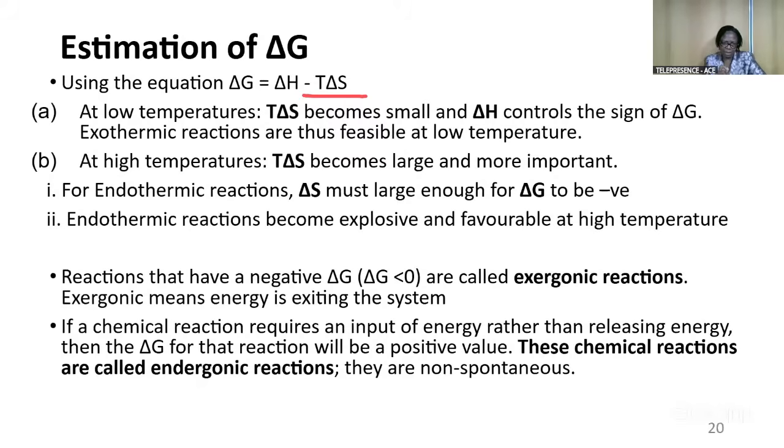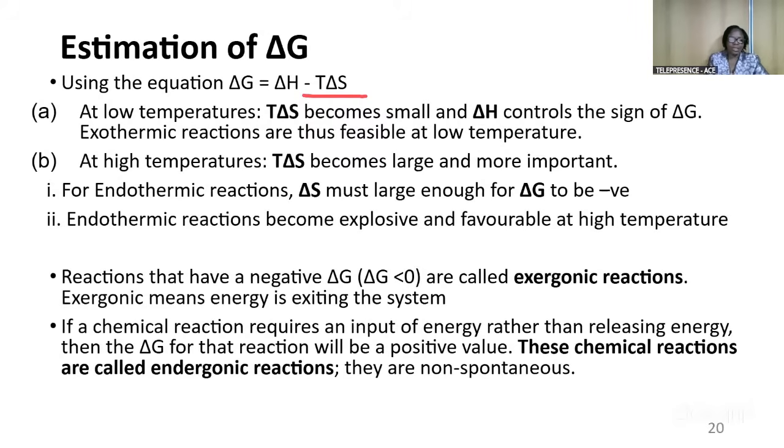So you look at T delta S as very important. Then for you to have a negative delta G, it must be that delta S is large enough, if the reaction is endothermic, that is, if the reaction is taking in heat from its surrounding. Endothermic reaction is taking in heat and is favorable at high temperature.